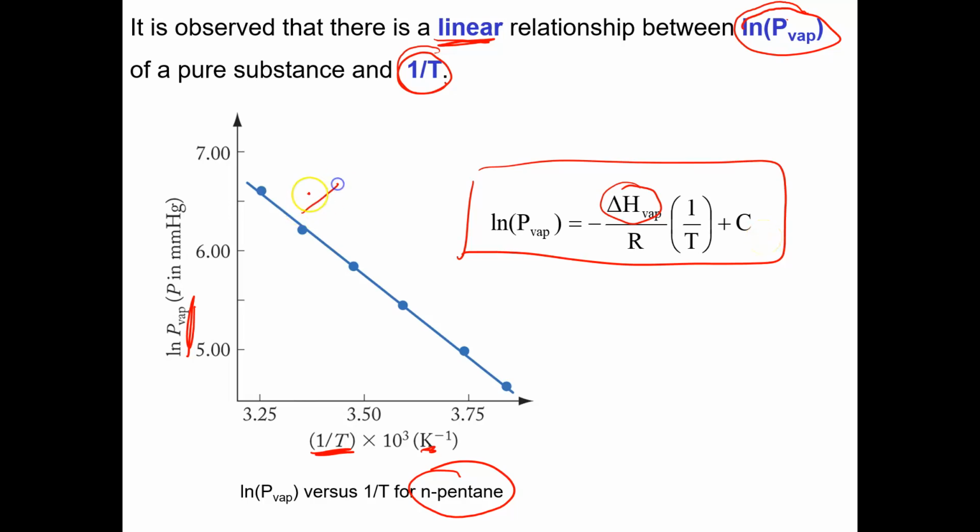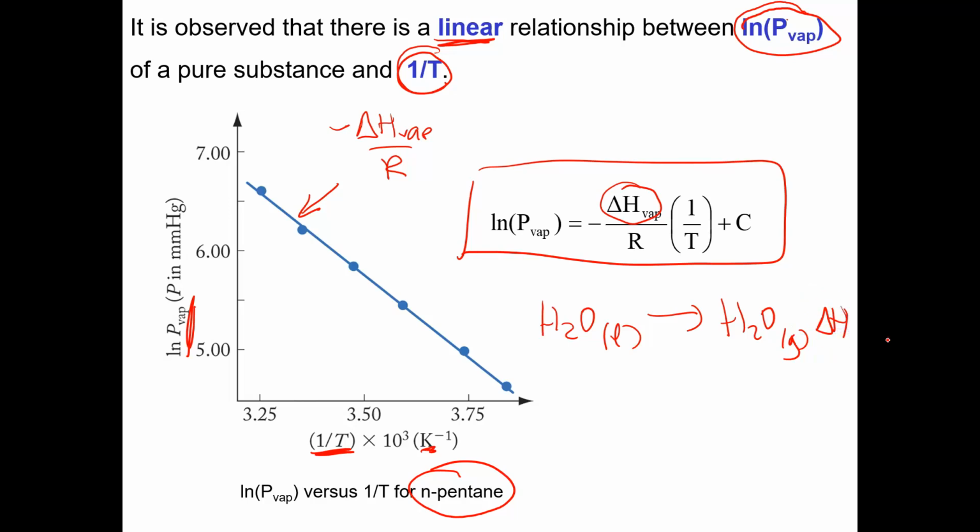So that means that the slope of this line is equal to negative of the enthalpy of vaporization over R. And that's where the intermolecular forces come in, because the enthalpy of vaporization is the energy required to take 1 mole of a liquid and turn it into 1 mole of gas. So the stronger the intermolecular forces, the bigger the enthalpy of vaporization. So this accounts for those intermolecular forces.